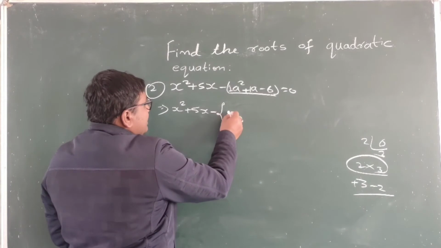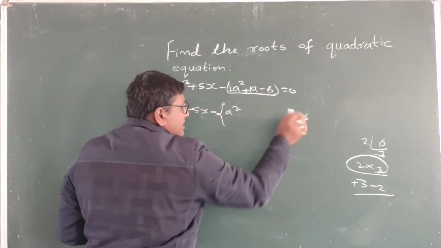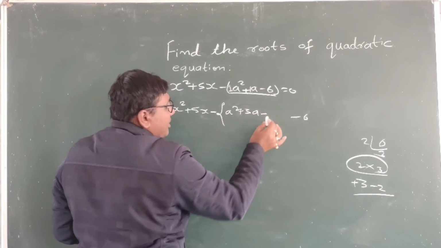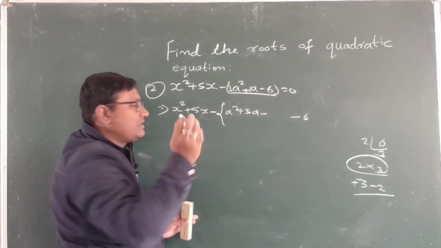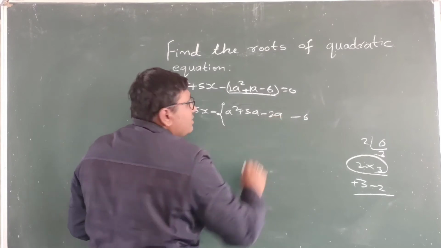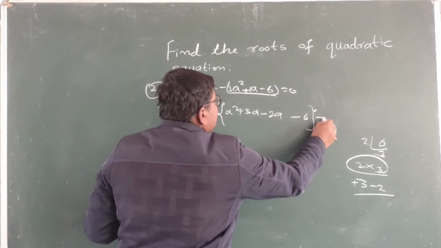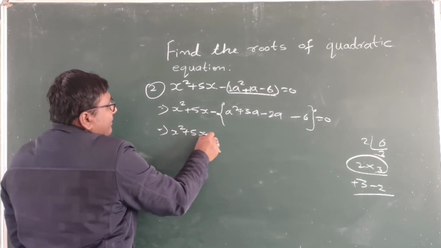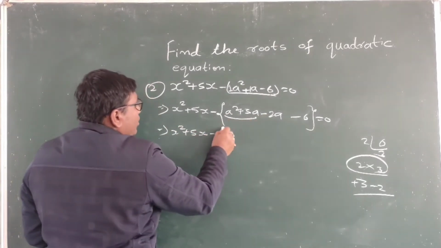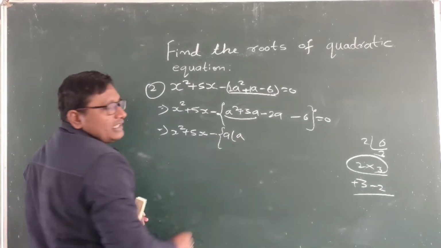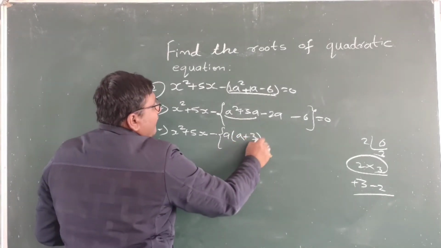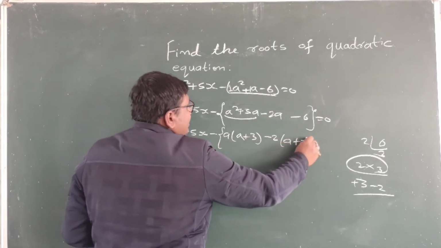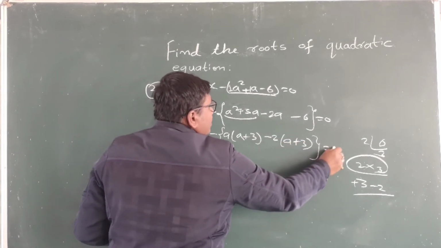Now the first and last terms remain the same. The way of writing the middle term changes. So this will be minus 2a, and this remains equal to 0. Now you see, a square plus 3a minus 2a minus 6 is equal to 0. Here a will be common, so what rests? A plus 3. Now minus 2 will be common, so what rests? A plus 3.